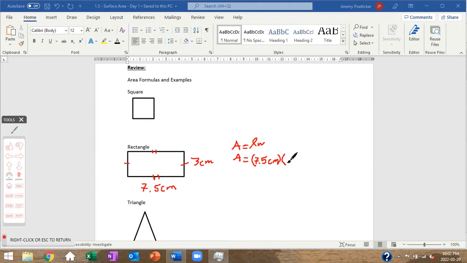So 7.5 centimeters times 3 centimeters. And then again, I solve here, so 7.5 times 3. My calculator should be telling me that that is 22.5. And I include my units, which are going to be centimeters squared. And away I go. Move on to triangles.